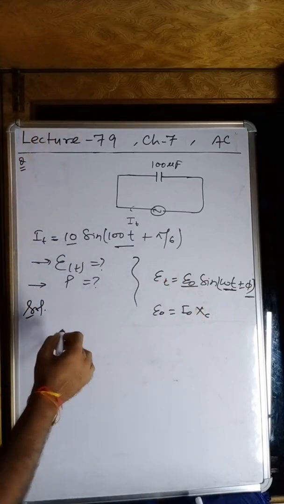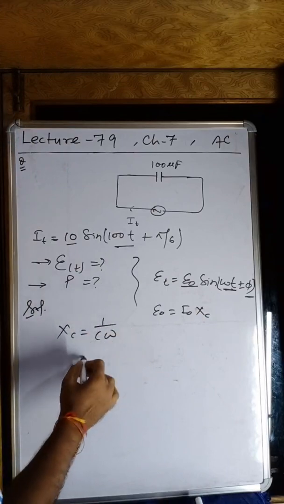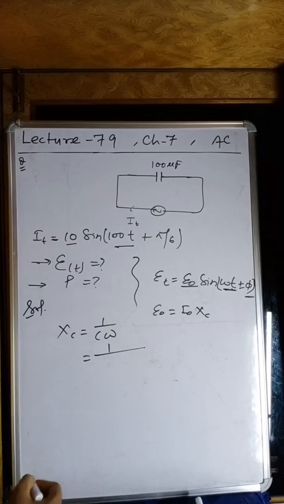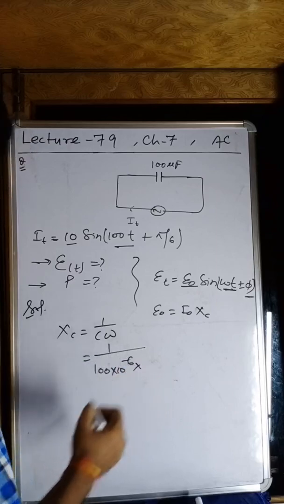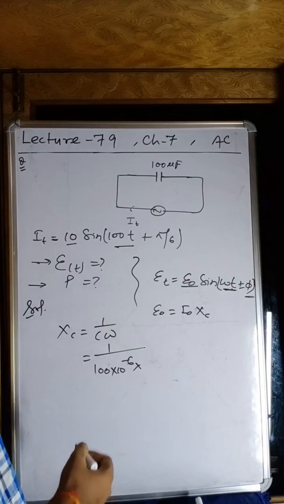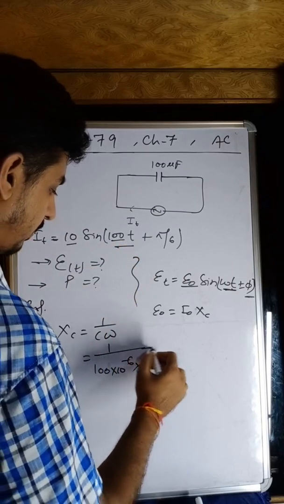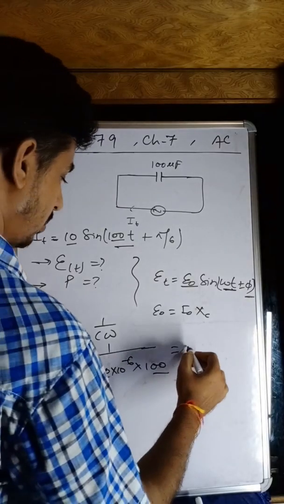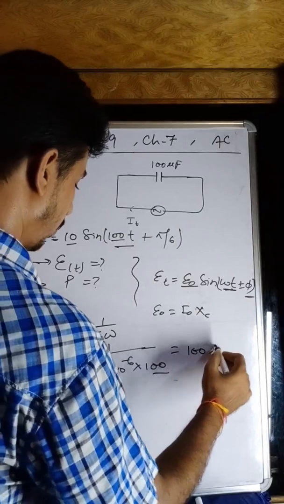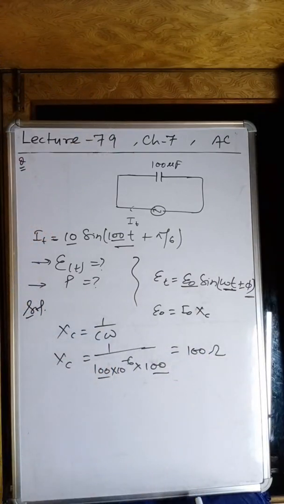Xc, we know, is 1 by C omega, where C is 100 microfarad, 10 power minus 6, and omega is 100. So it is 100 ohm, I think. You should cross check my calculation.